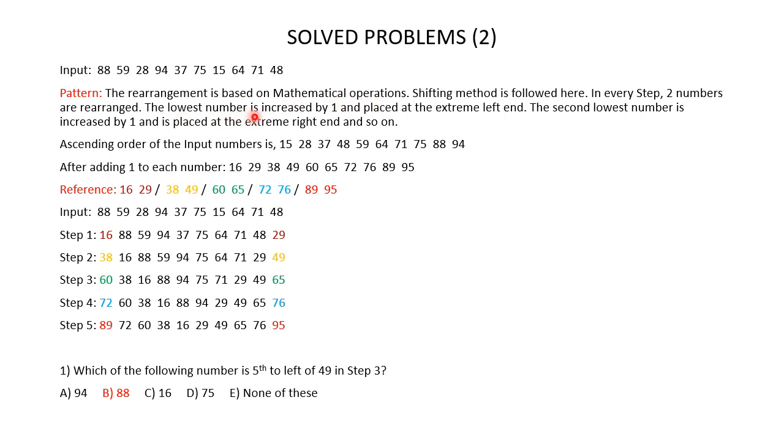The lowest number is increased by 1 and placed at the extreme left end. The second lowest input number is increased by 1 and is placed at the extreme right end, and so on. So first, let's find out the ascending order of the input numbers, that is from the smallest number to the largest number.